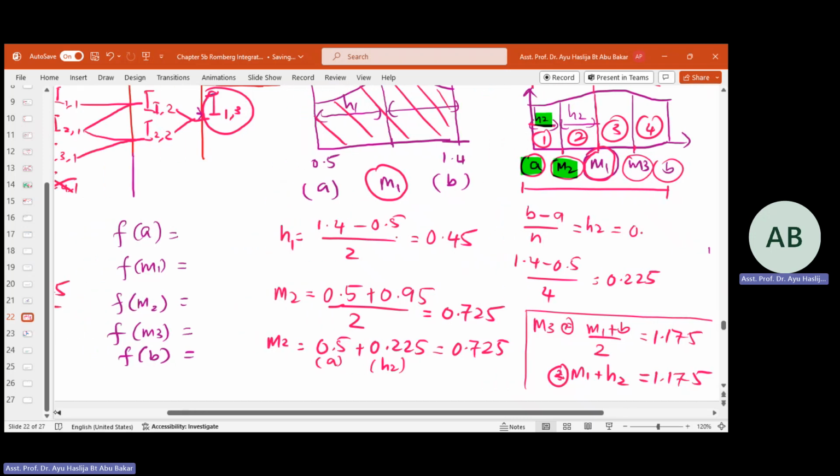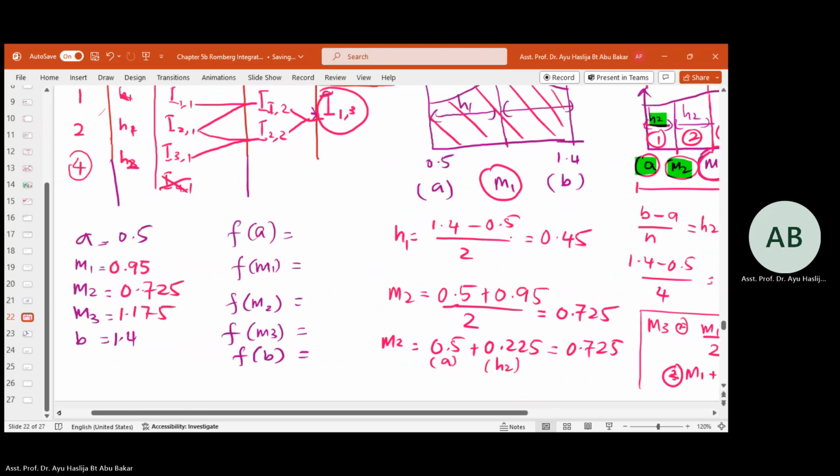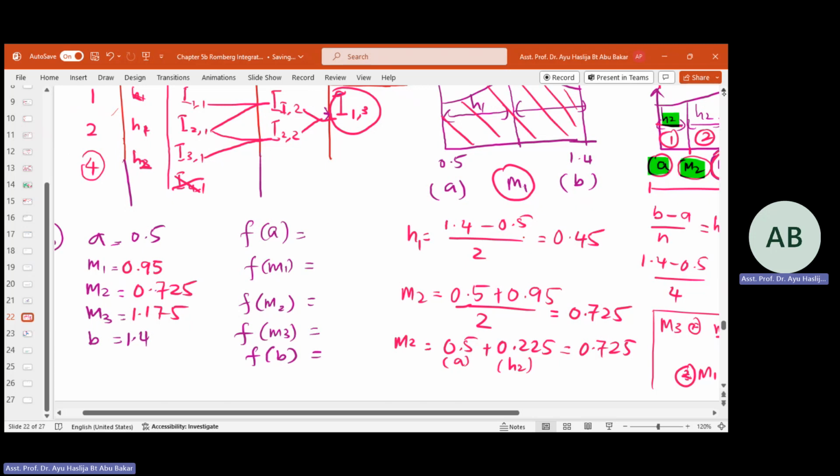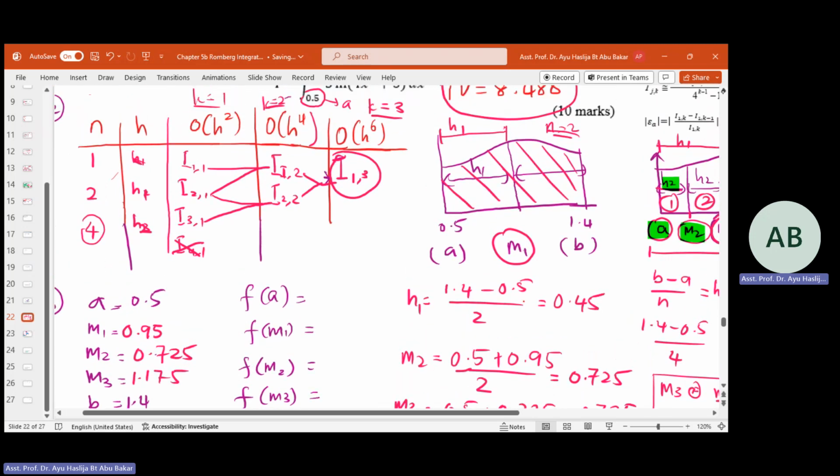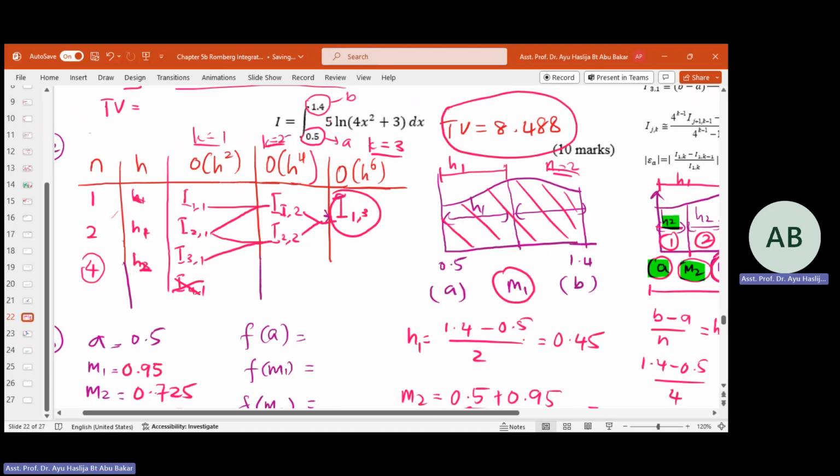Then calculate your F value according to the function over here. This is the function.